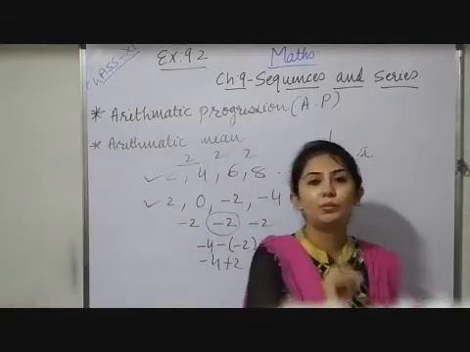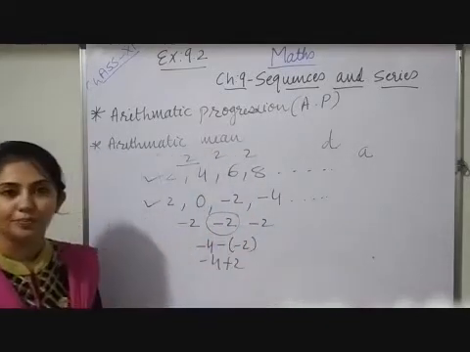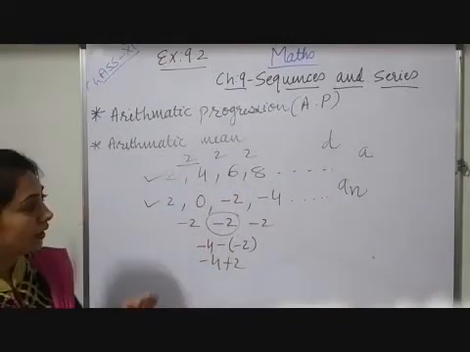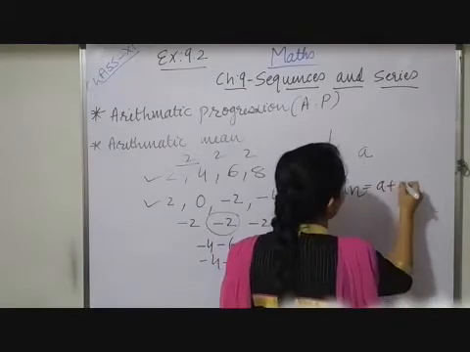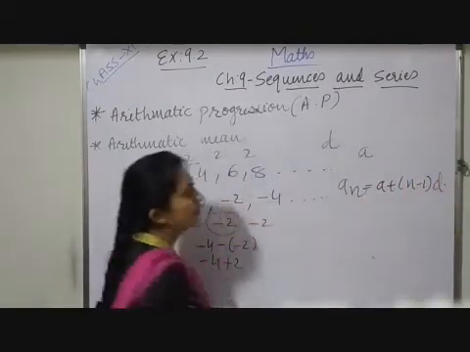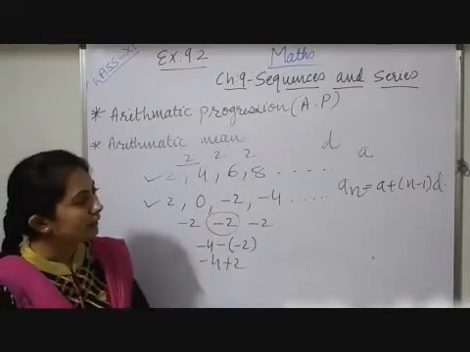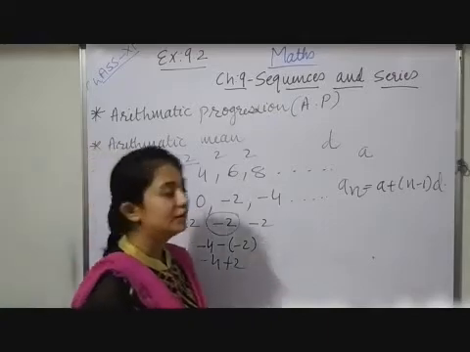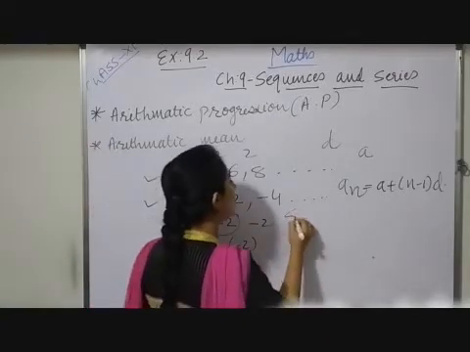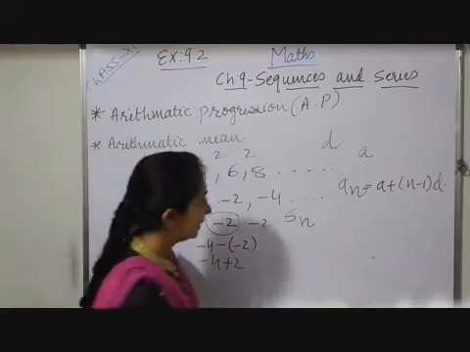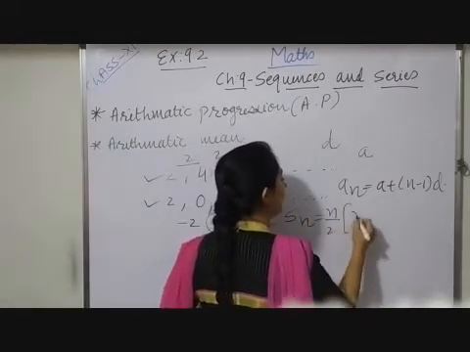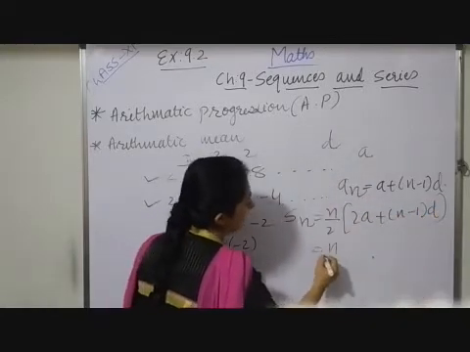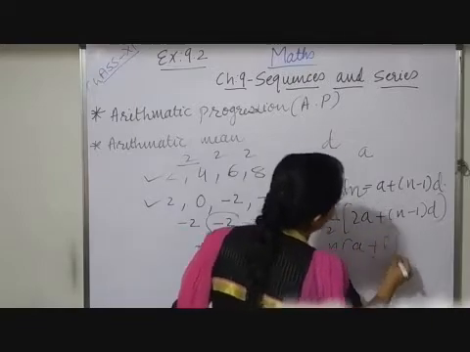Now the general form of the general term. The nth term you can denote as An, which is equal to A plus (N minus 1) into D. If we consider the last term, we denote it as L. If I want to find the sum of all these terms, I denote it as Sn, which is equal to N by 2 in brackets 2A plus (N minus 1) into D, or we can write it as N by 2 into (A plus L).